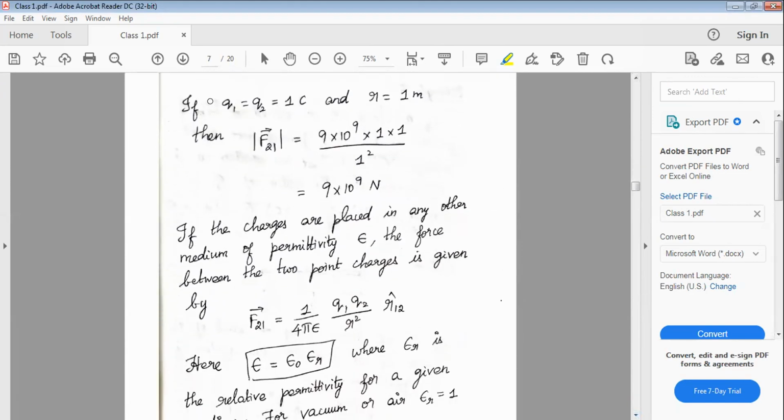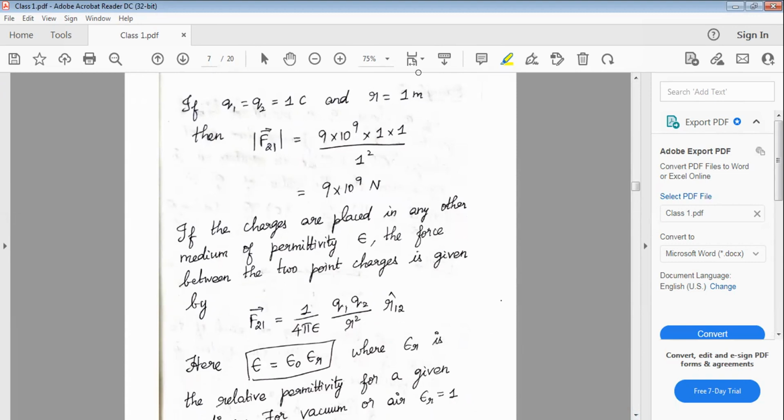When you put Q1 equal to Q2 equal to 1 Coulomb and R equal to 1 meter, you will get 9 into 10 power 9 into 1 into 1 divided by R squared, that is 1 squared.